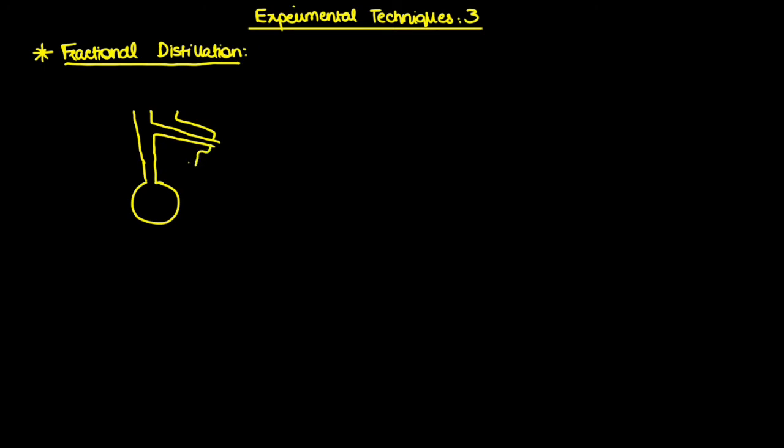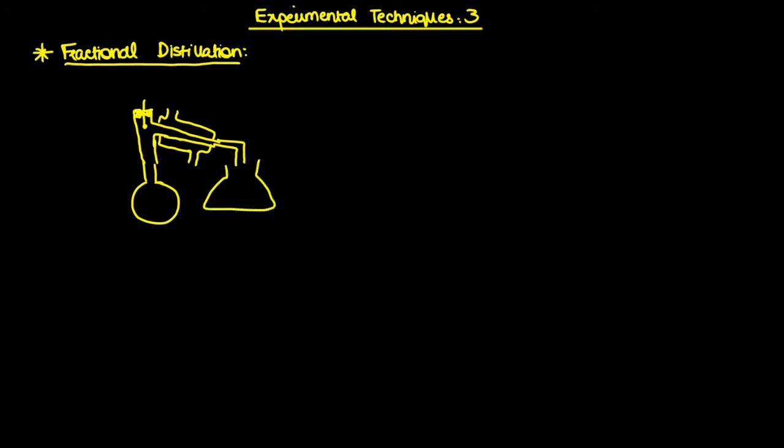I'm sorry for the bad drawing, I'm just doing it in a hurry. Oh my god, it's very bad. Alright, now I have a thermometer. Alright, I have a conical flask, and I collect the solvent.